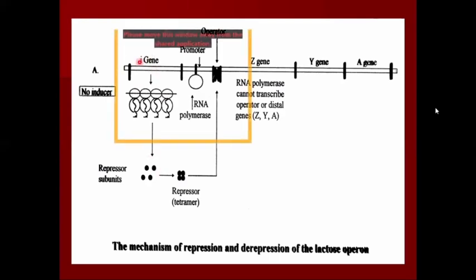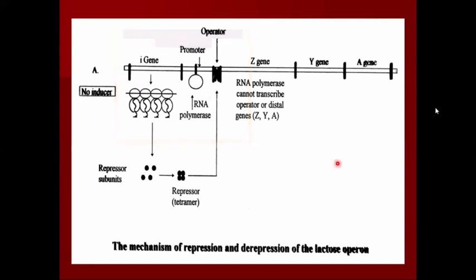Okay? And this repressor is a negative regulator. The 4 subunits will combine to form a tetramer, and it will bind to the what? It will bind to the operator locus. Okay? Thereby inhibiting the transcription of Z, Y, and A gene.